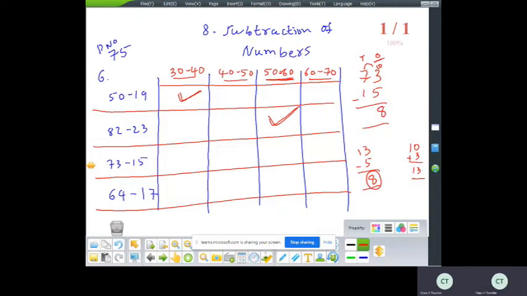Now subtraction in tens. From 7 tens we took 1 ten as borrow. 7 minus 1, 6. Now 6 minus 1, 5. Our answer is 58.